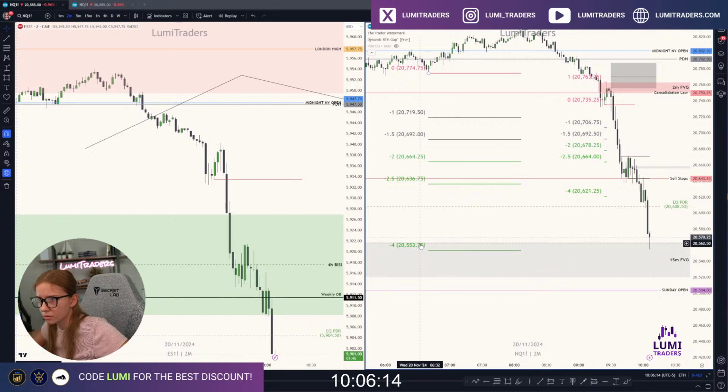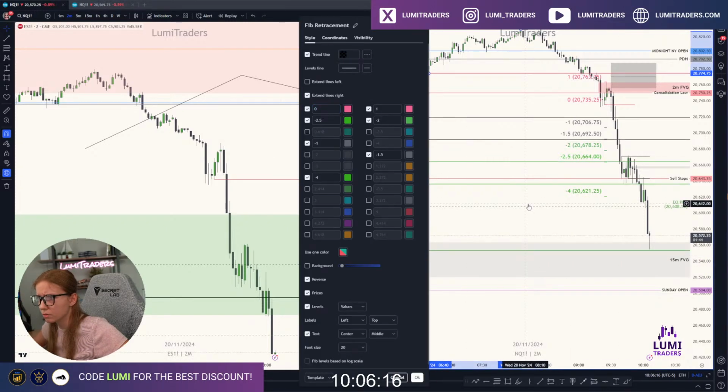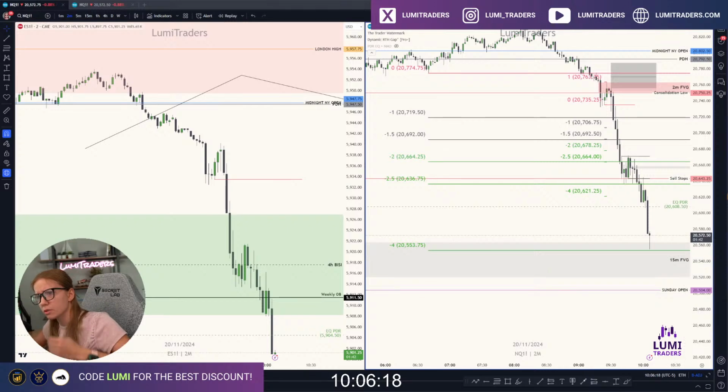I like this first one. Yeah, it's an easy short in my opinion. So let's see if we can take the first deviation. Retracement up to take this first deviation.